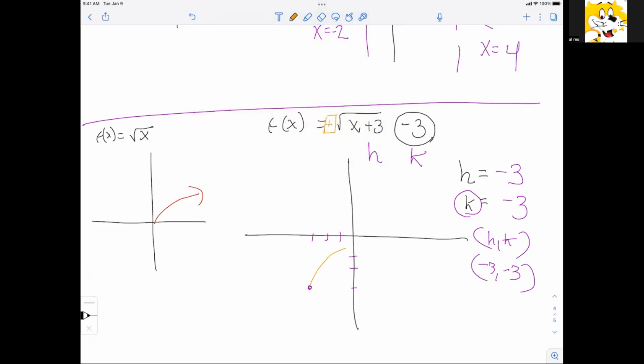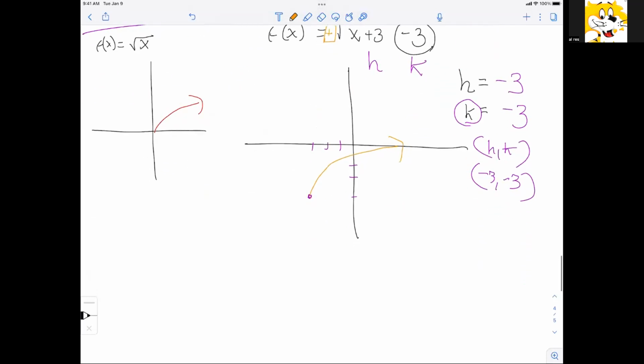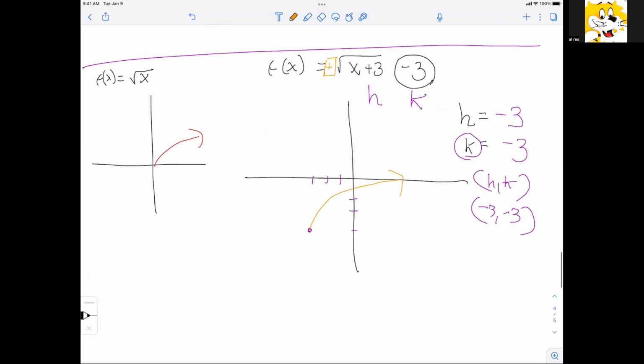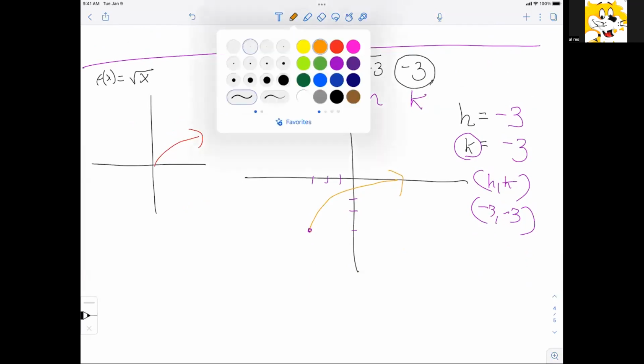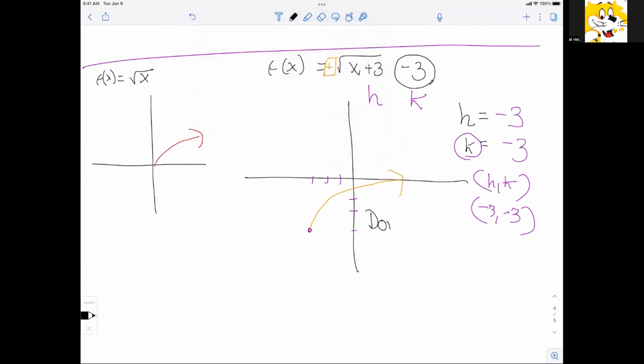And how do I graph this? It's going to look like that in the orange. So this is how you graph a square root that has an h and k of -3, 3. So what would be my domain here for this problem? What's my domain?